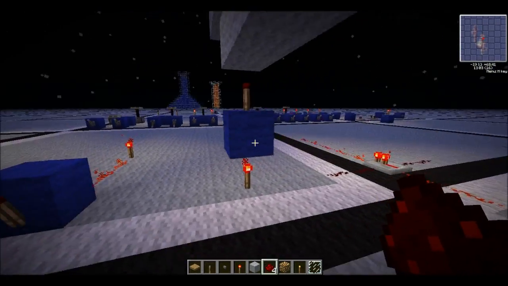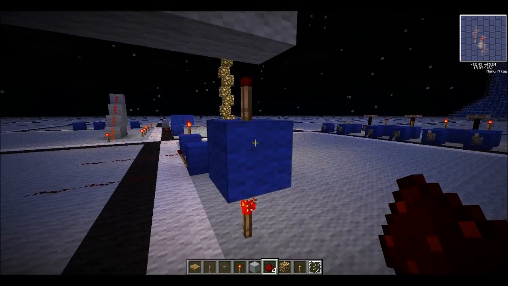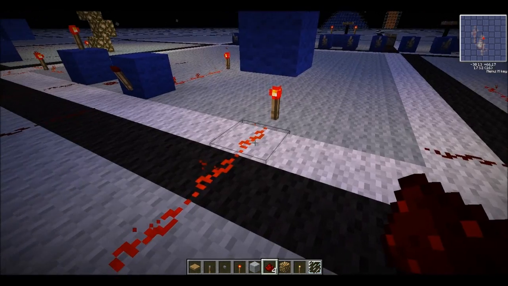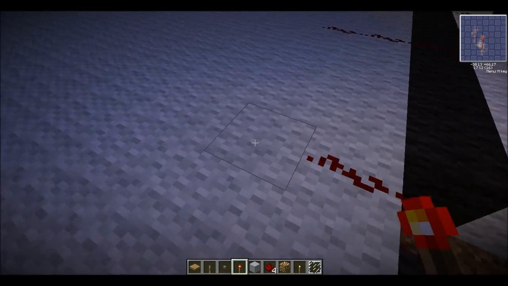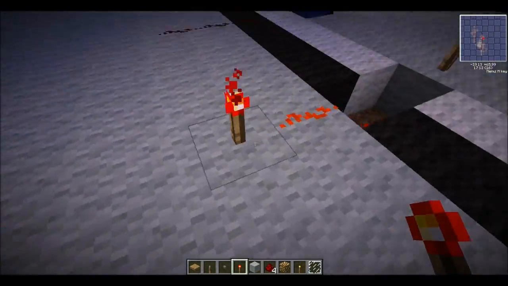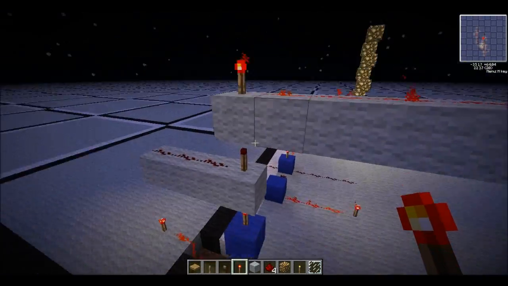The reason this works is, once again, the property of torches to transmit power upwards and receive power from the bottom. So if I can turn this torch off, I can actually flip the torch on the top. As I send a redstone signal on the bottom, it will actually send the redstone signal on the top. You just have to make sure you do it in even numbers.